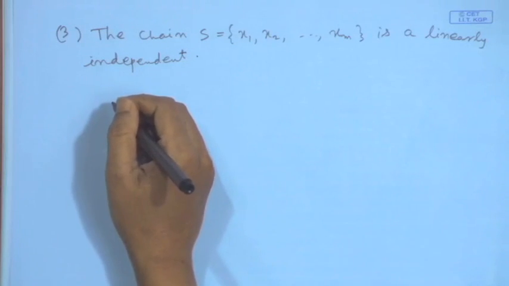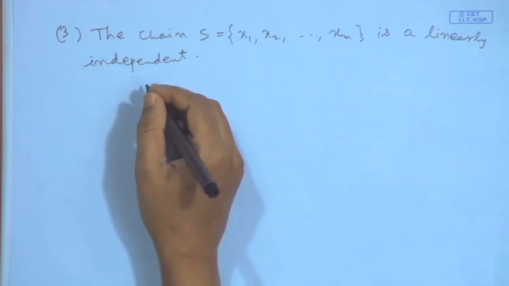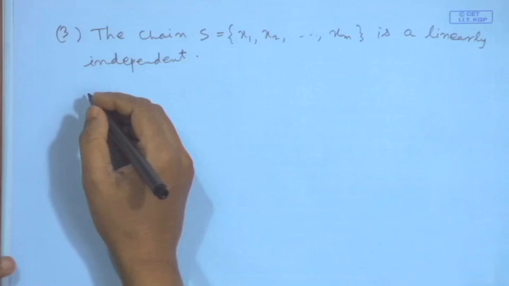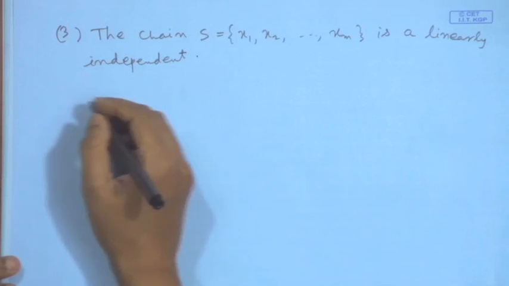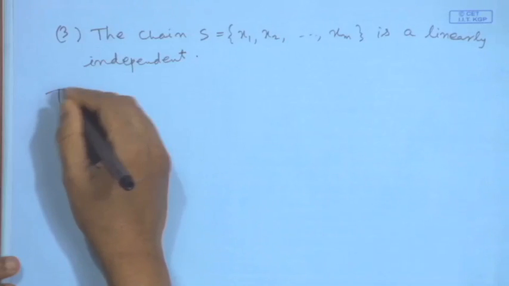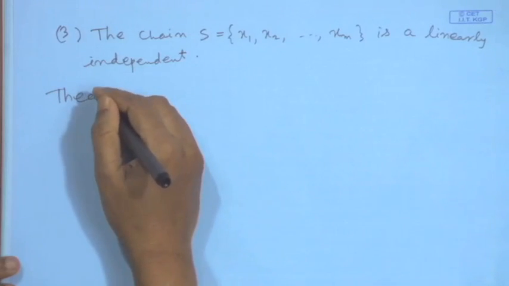Next we shall see, using these generalized eigenvectors, how to get a basis for a matrix A, that is called a canonical basis for a matrix.